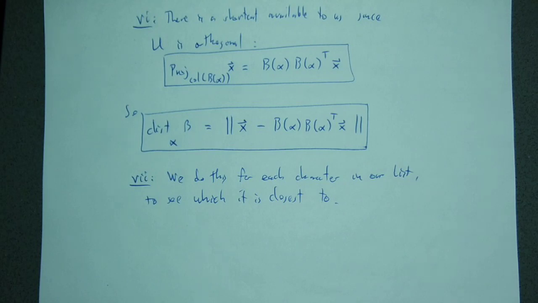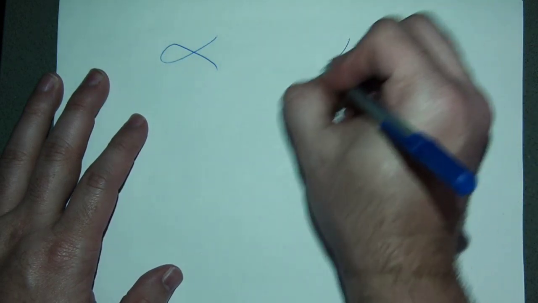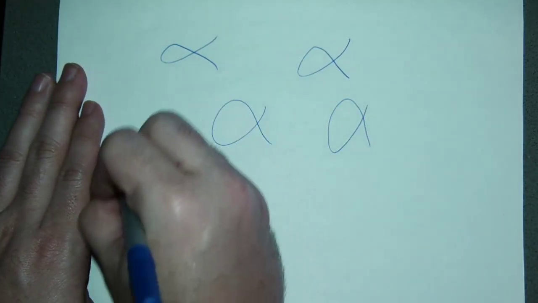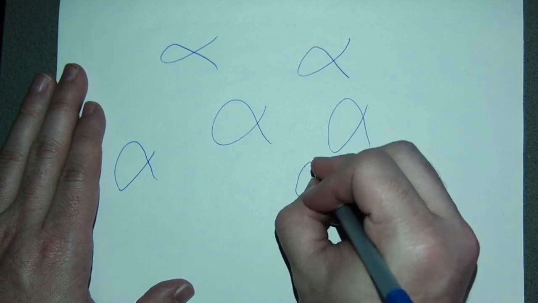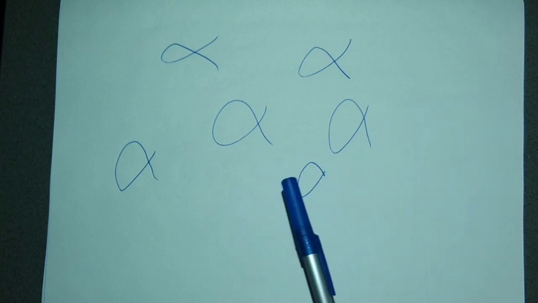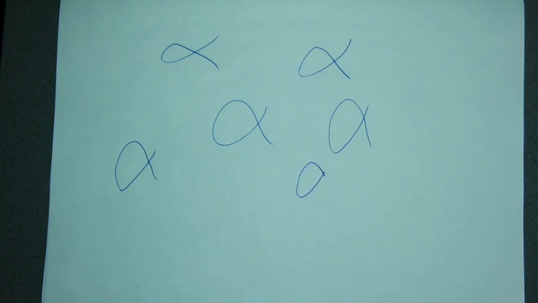So what is going on here intuitively if you take too many? I may begin with a character alpha that very much looks like an alpha, but if I start including all kinds of different versions of alphas, maybe this one has a tiny tail, then letters or characters that I don't intend to call close to alpha, some other letter that I would not typically think of as an alpha, could possibly be thought of as almost an alpha, or as being made up by some combination of alphas.